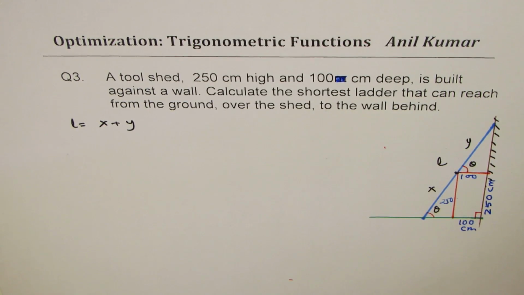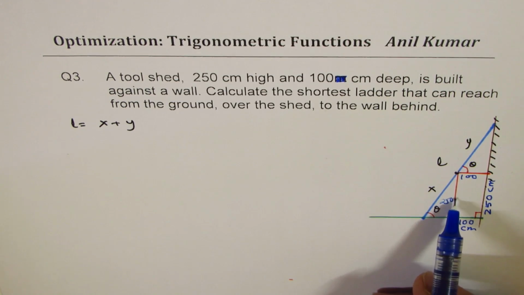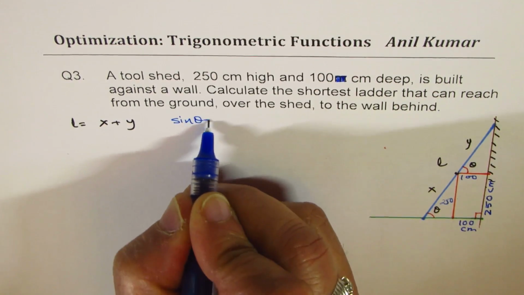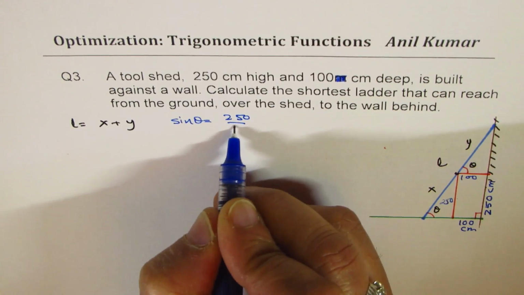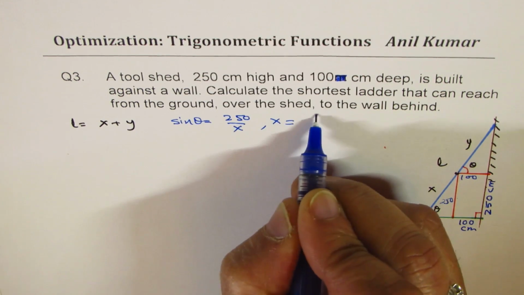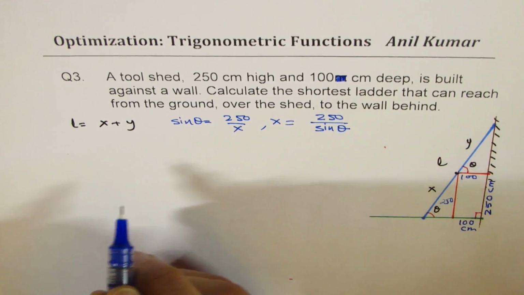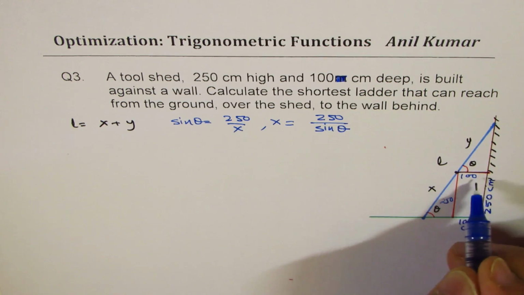So from here, it is very clear that if I consider this triangle at the base, then relating the opposite side to the hypotenuse, I have to write sine theta. So sine theta is 250 over x, or x equals 250 over sine theta. Perfect. As far as y is concerned, we'll use the base as 100.